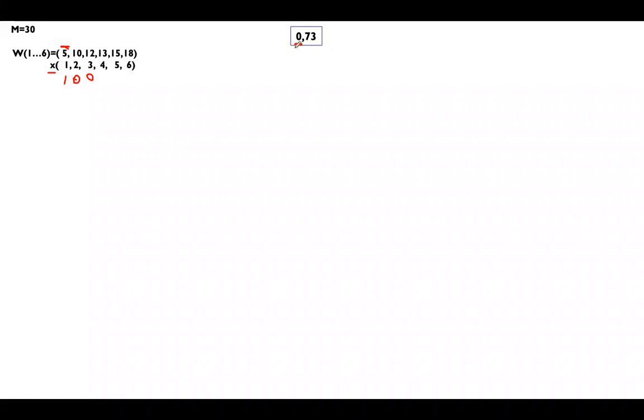Is it clear? 0 means the weight that has already been selected. We have not selected anything so far, we are in the first stage. 73 is the total weight of all these elements. When this is 0, it has to be 73. If I select 5, we have to subtract 5 from 73, the remaining weight.